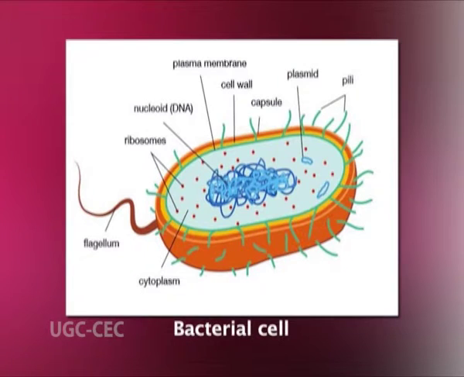Let me first introduce the world of bacteria. Bacterium, a single cell prokaryotic organism, is extremely small in size and simple in structure, and lacks chlorophyll pigments. A bacterial cell has a cell wall but lacks a membrane bound nucleus.